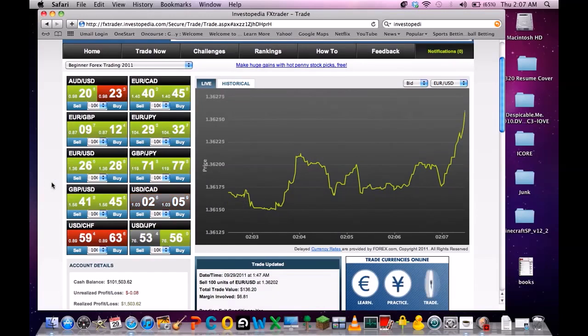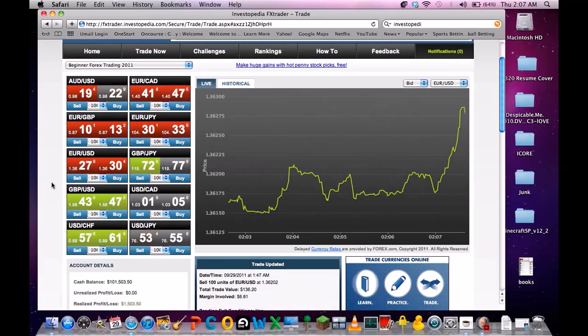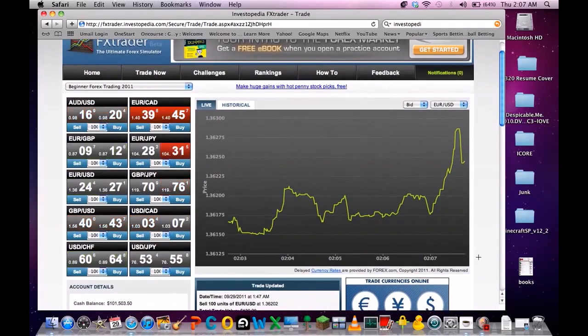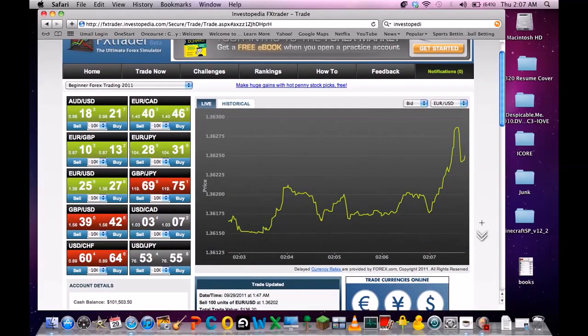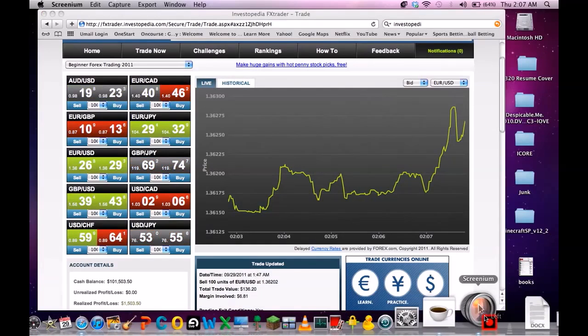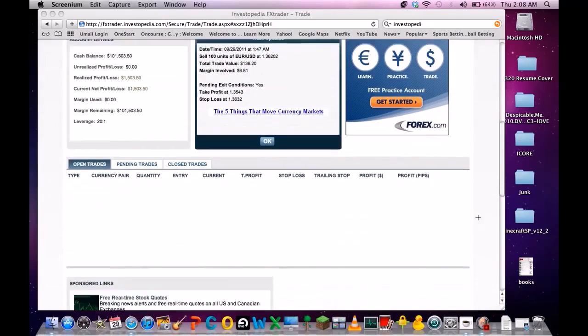So any small decline in the market could cause you to lose that $1,000 like that, and that's where the rumors really come from. So as long as you keep your leverage low and only make small trades and practice on your practice account before you really start doing this, you should be fine. You won't lose a dramatic amount of money, unless, like I said, you're being stupid with the amount of money you're trading.